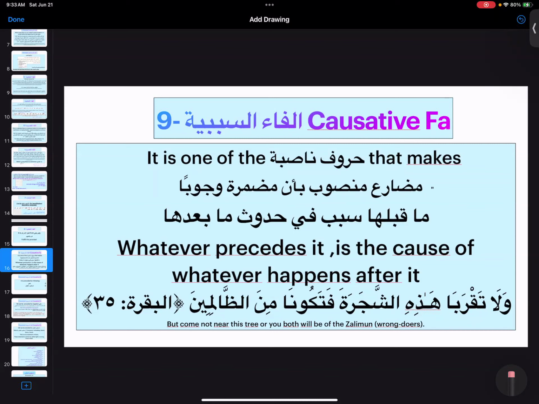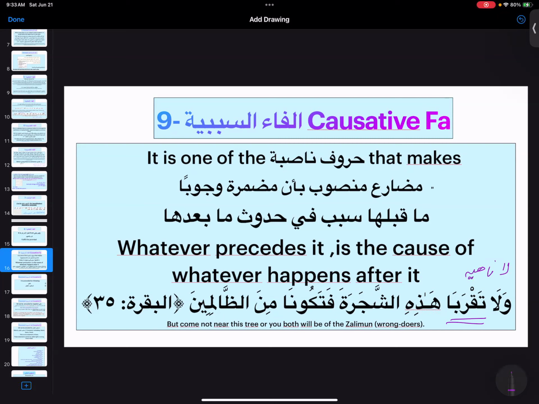You are going to find either jumla nafiya, right? Or you're going to see amar or nahi. This is la nafiyatul lil jins, right? No, my bad. This is la nahi, right? Yeah, this is la nahiya. So this is la nahiya.